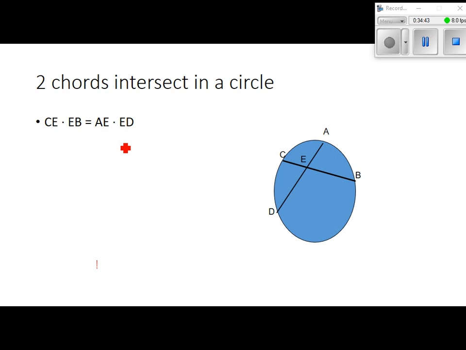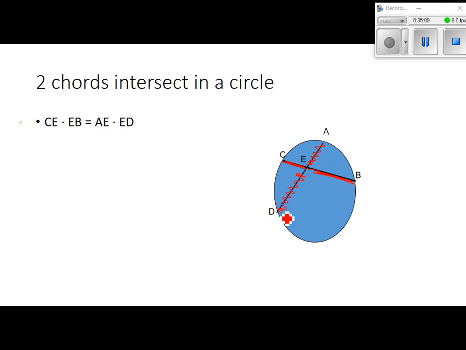Two chords intersect in a circle. If you have this, it could be set up as a proportion, but this is probably a little easier, so this is the way I set it up. You take this part times this part, and then this part times this part, and those two things have to be equal to each other.